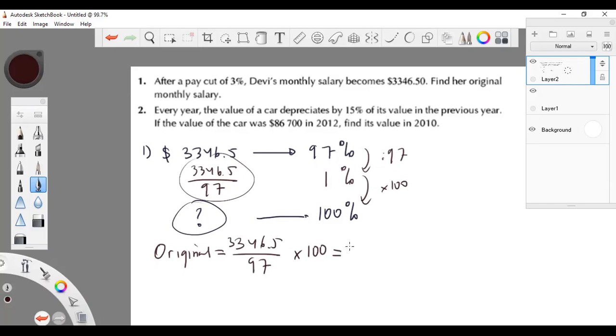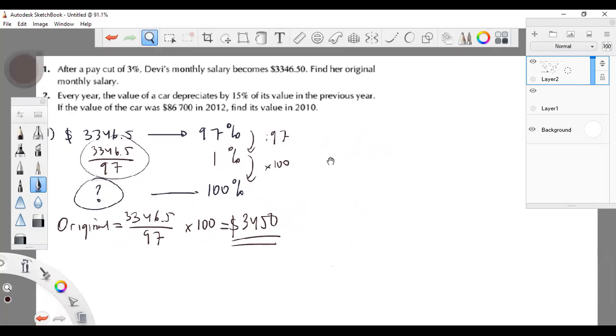So that's your answer. Okay, I wish you can do this. Times 100 divided by 97. The answer is $3,450 for his original monthly payment.